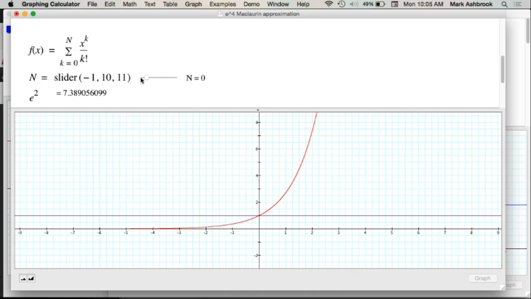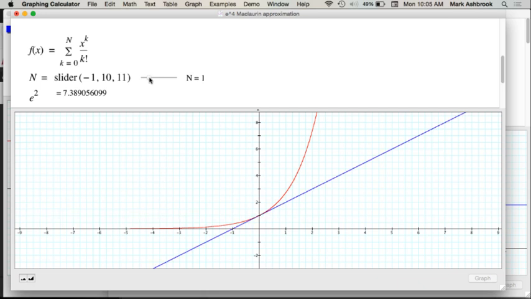So what about the second polynomial, when I do the first two terms from k equals 0 to 1? It's going to get the tangent line. It gets the function value, and what else does it get right? The first derivative, again centered at 0. And you see now that close to 0, it does a good job.